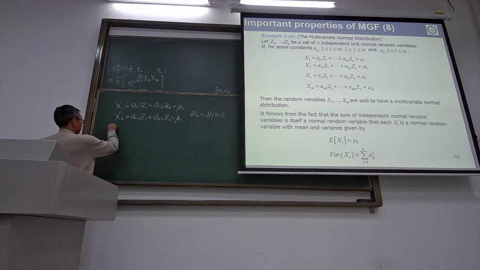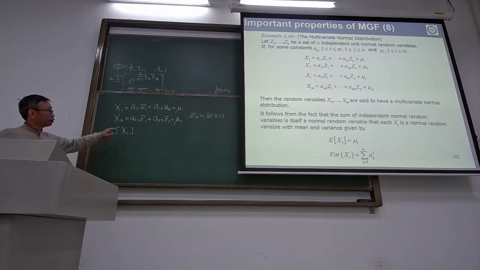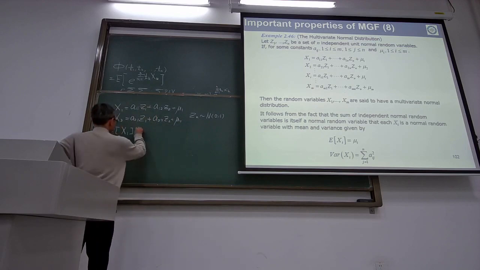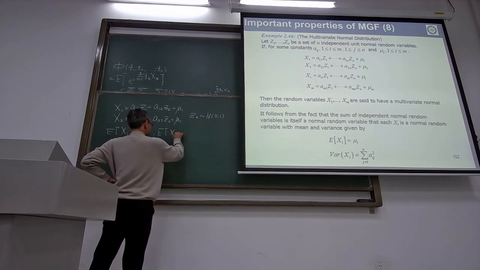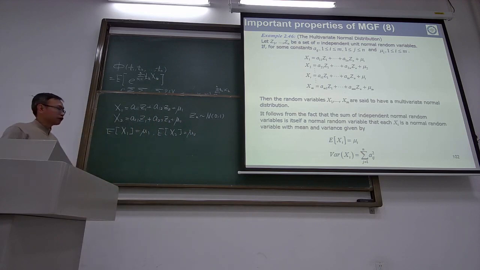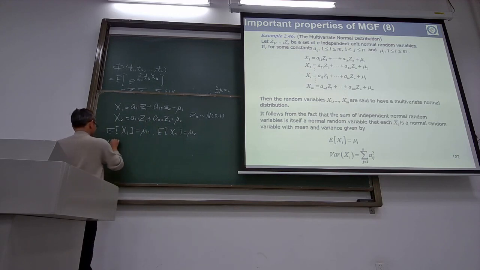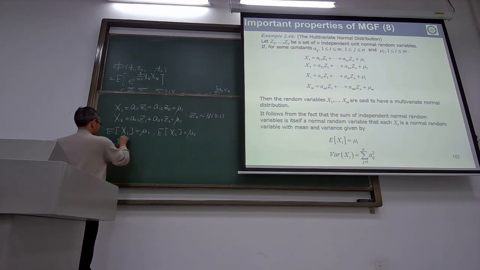Let's see the expectation of X1. Here the constant is mu1, so the expectation of X1 is mu1, and the expectation of X2 just equals mu2. Okay. Let's find the variance. Variance of X1.